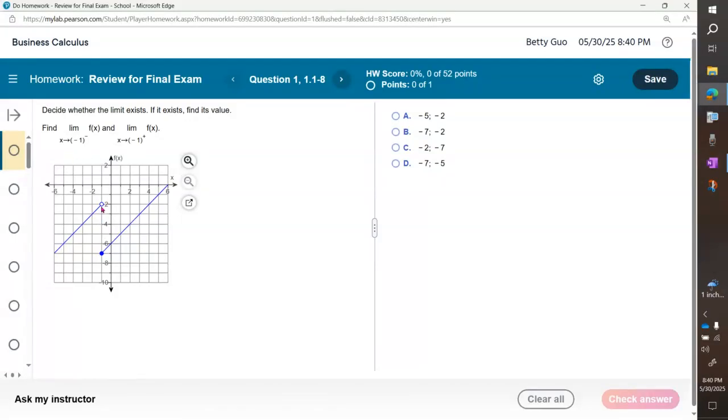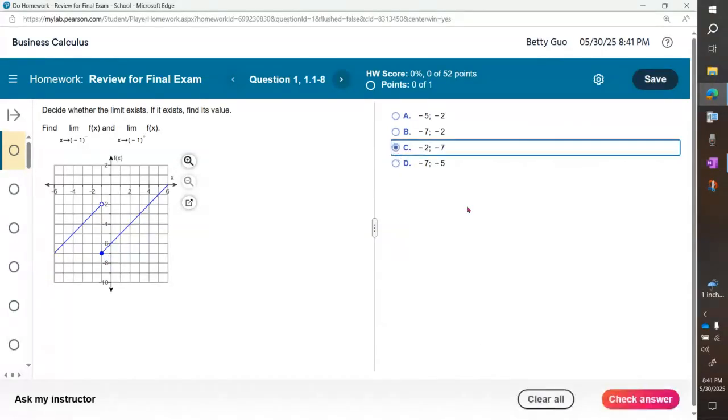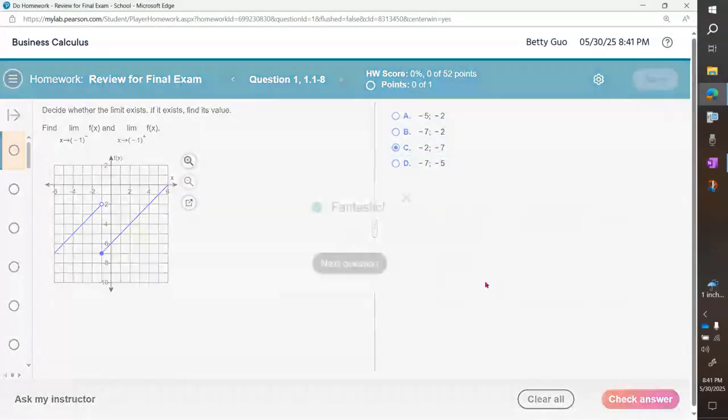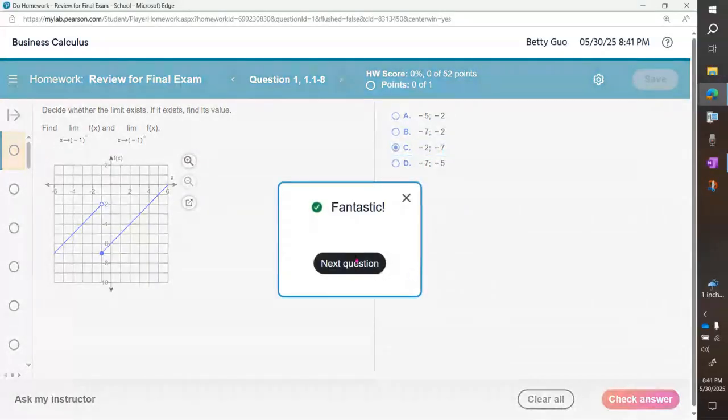When x approaches -1 from the left, y approaches -2. This is the origin, so this is -2. When x approaches -1 from the right, y approaches -7, so -2, -7. Left-hand limit and right-hand limit.